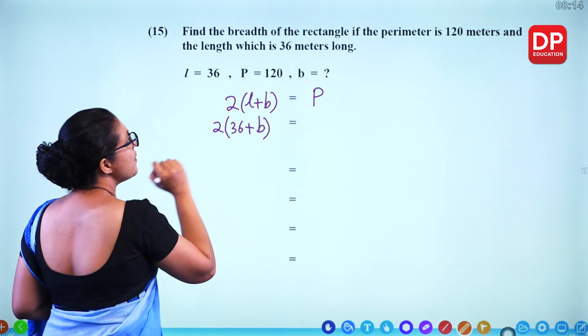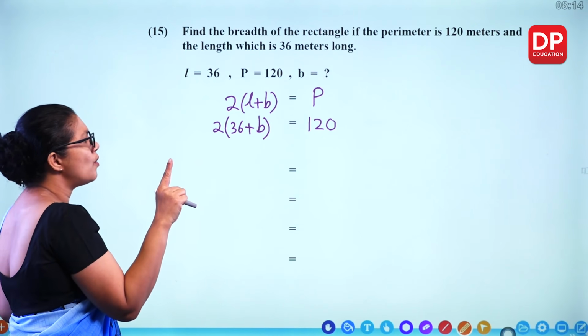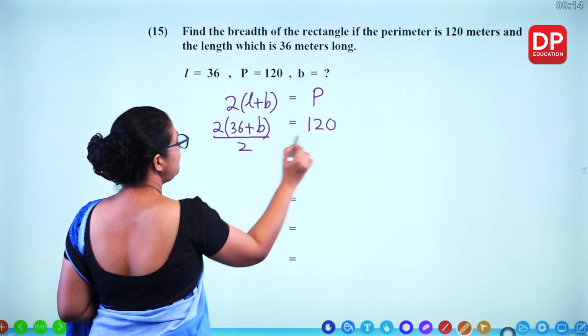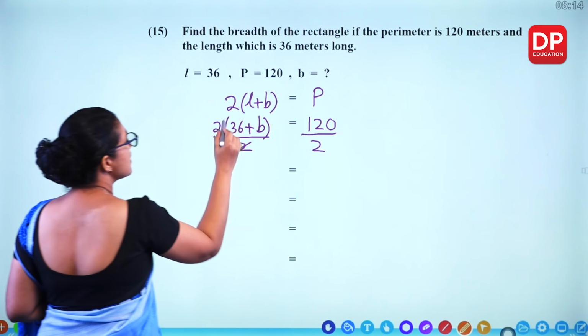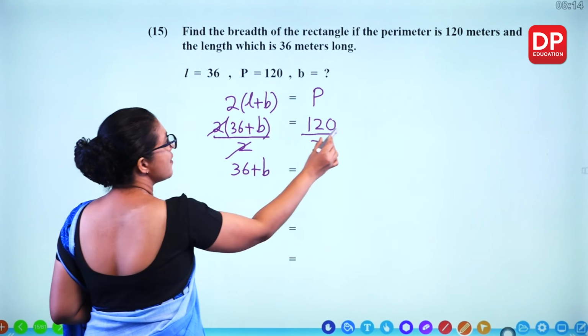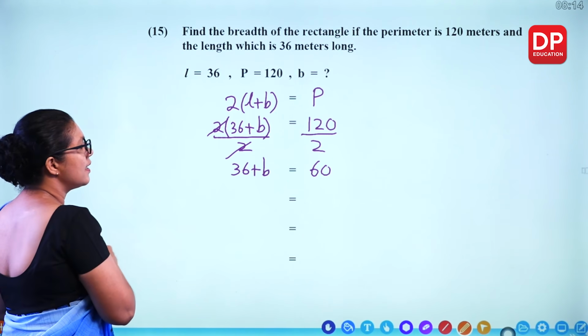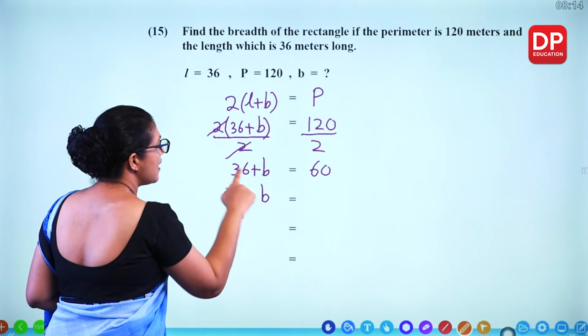We need to find out B. P is 120. So divide the whole equation by 2. You get 36 plus B is equal to 120 divided by 2. You get 60.